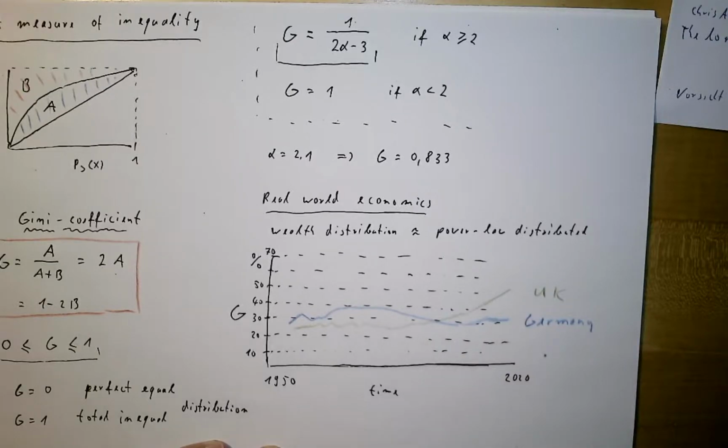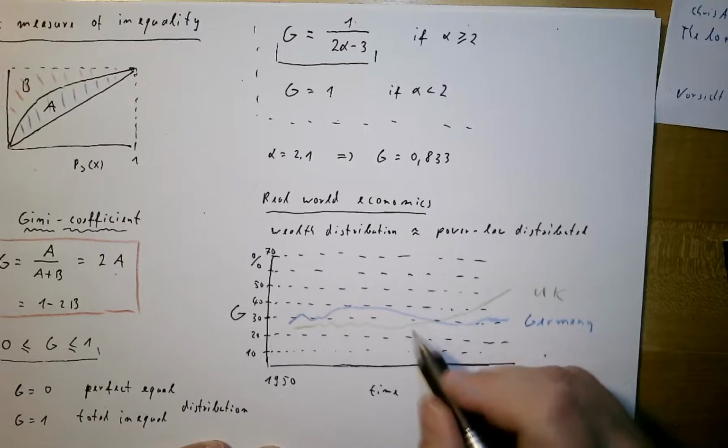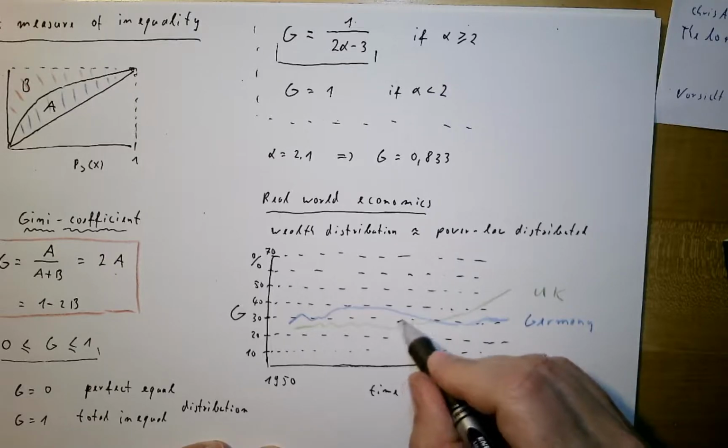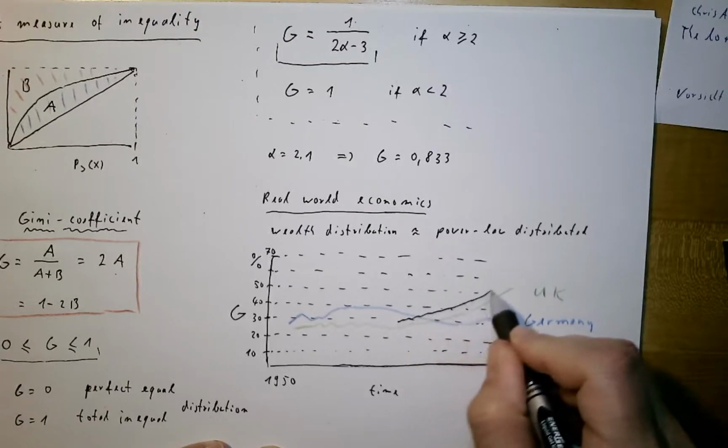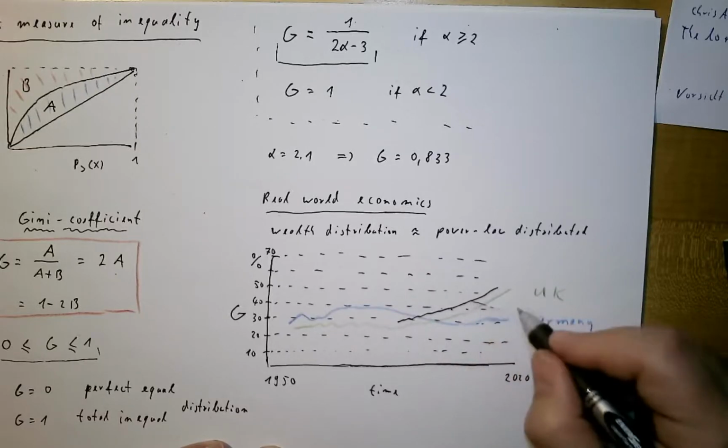Also interesting is the Gini curve in a country like China. In China we had something which is also increasing, in the range of 40–50%. That's maybe China.